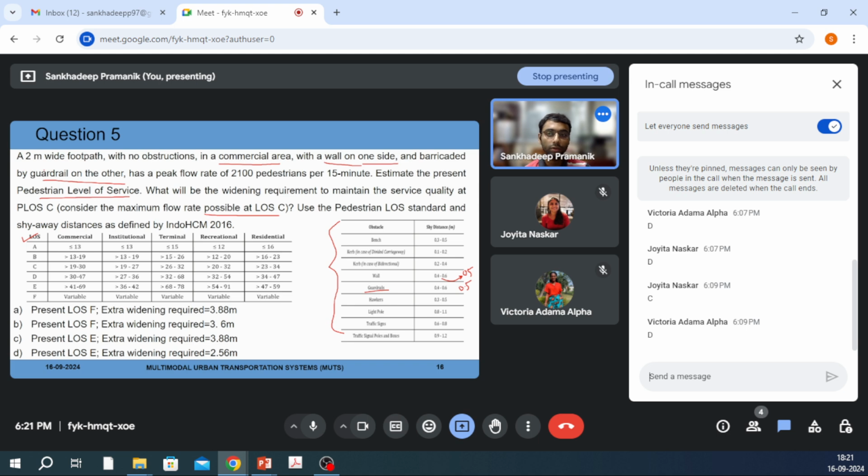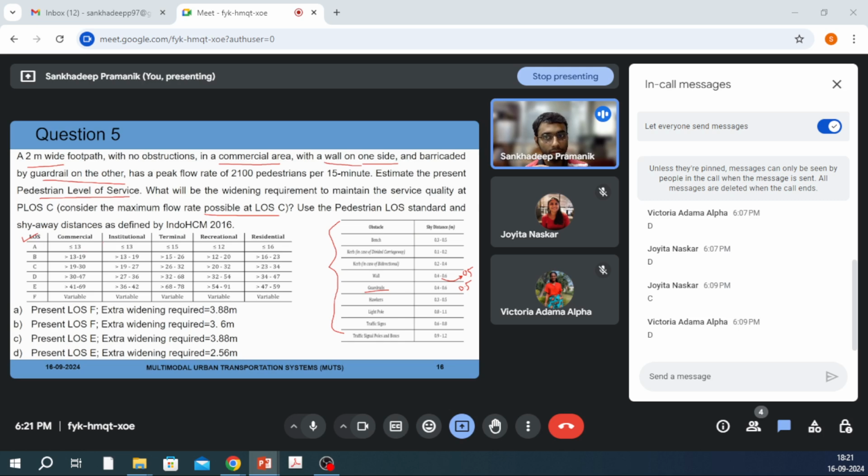So the footpath width is given as 2 meters, and first we have to estimate the present pedestrian level of service, and we do it from this table.